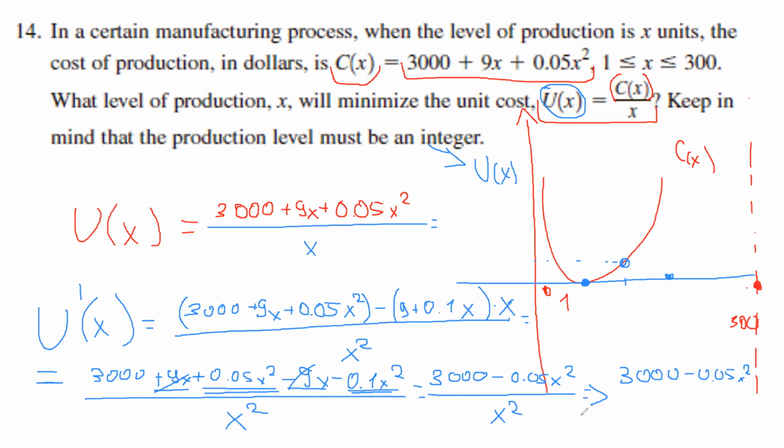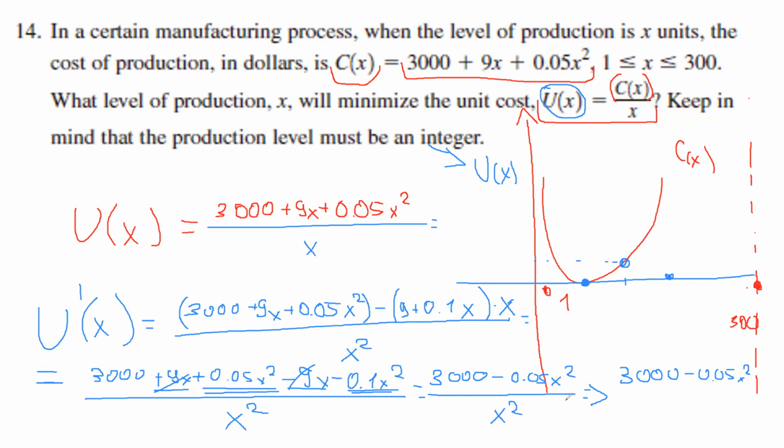Because for me it doesn't look right. We cannot make it equal 0 because we can produce at most 300 pieces. No, I said we have to find the zeros. I didn't say set it equal to 0. Like find the critical points.